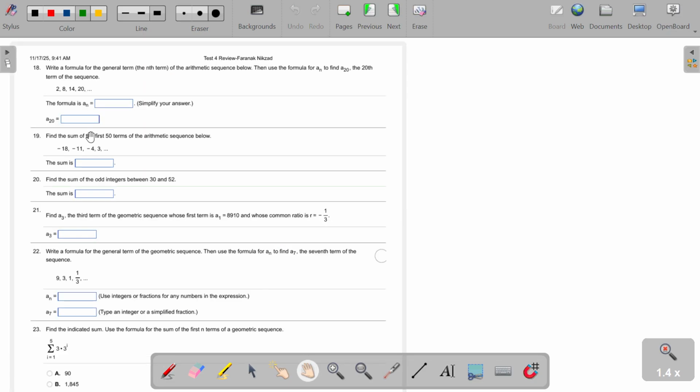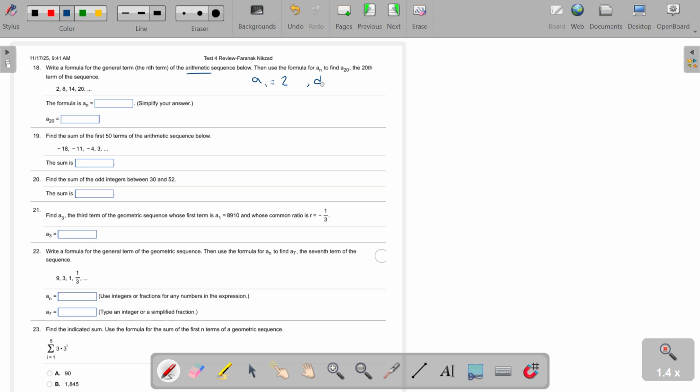Question 18, we're given a sequence here and we want to find the general term and also the 20th term. So first of all, we know this is an arithmetic sequence. It's already given to me. So I need to find A1, which is just the first term, and it's equal to 2. But also I need to find the D value.